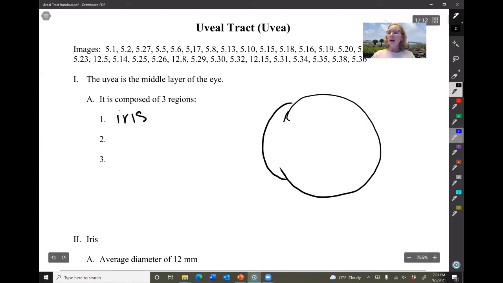And that's the colored part of the eye. So we'll draw it blue. You can draw it brown if you would like to. That's our iris. The second part of the uvea is the ciliary body.